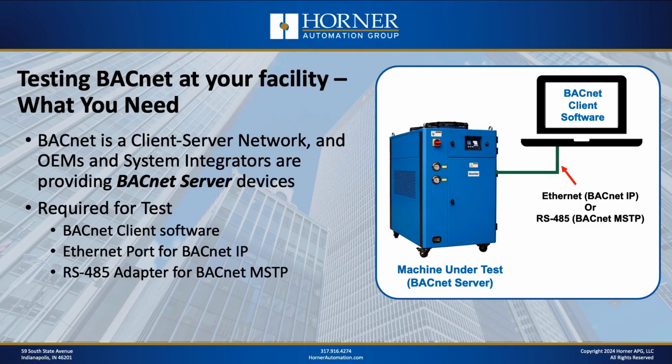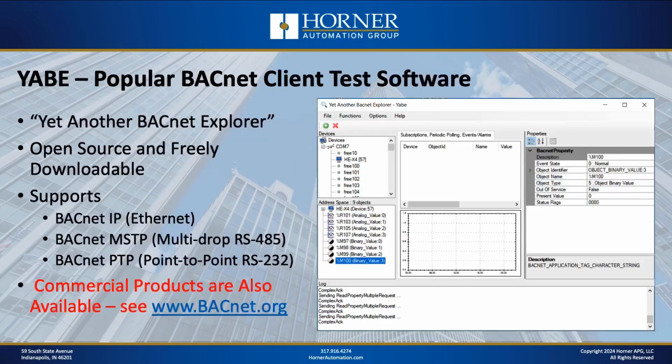And if you're going to utilize BACnet MSTP, or allow your customer to utilize BACnet MSTP, then you need to connect your BACnet client software to your equipment over RS-485, which probably means a USB to RS-485 adapter on the same computer that's running the BACnet client software. That's certainly what I'm doing for my testing here on the bench here at my lab.